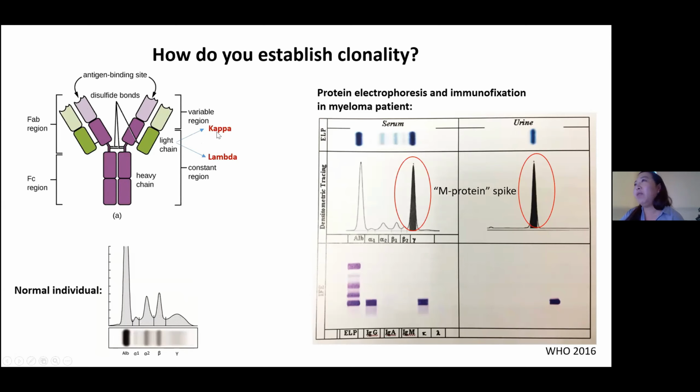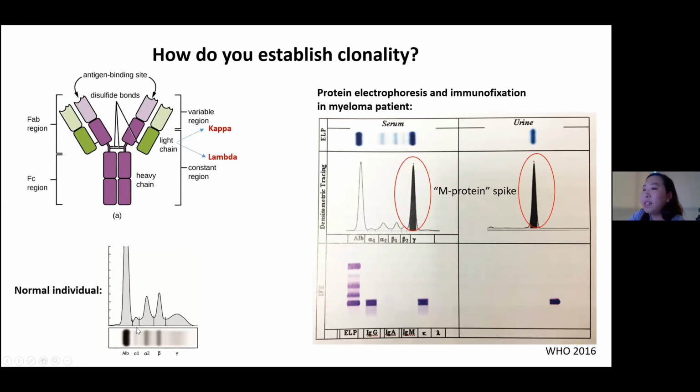Normally, lymphocytes and plasma cells produce both kappa and lambda in about a 2-to-1 proportion. But when you start producing only one or the other, that's what we call a clonal population of lymphocytes, or plasma cells in this case. So we can do protein electrophoresis, which is done by agarose gel or capillary zone electrophoresis.